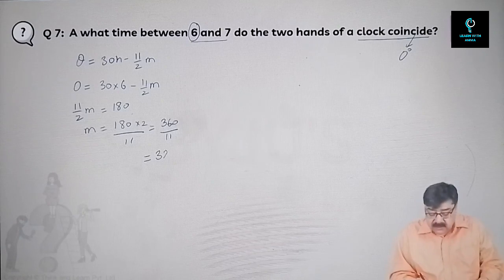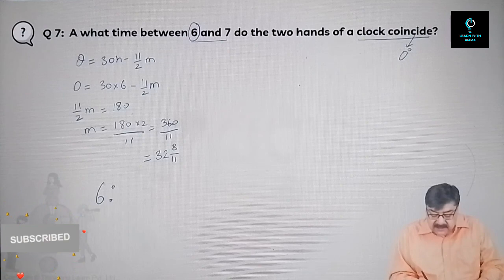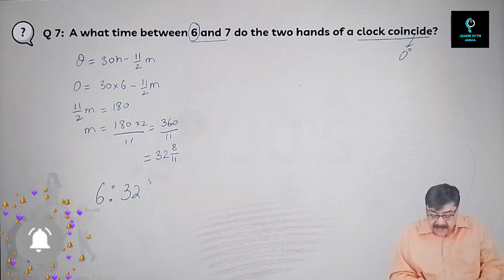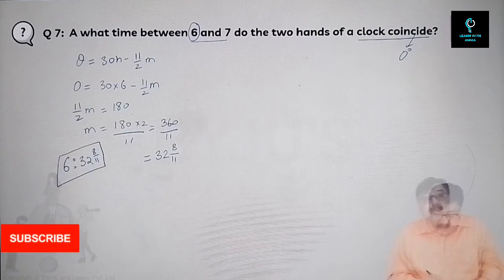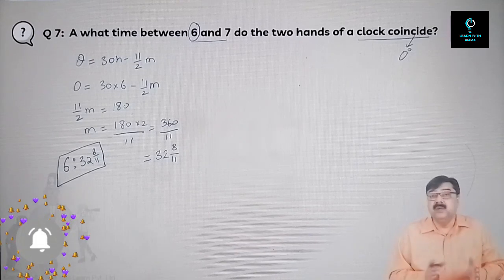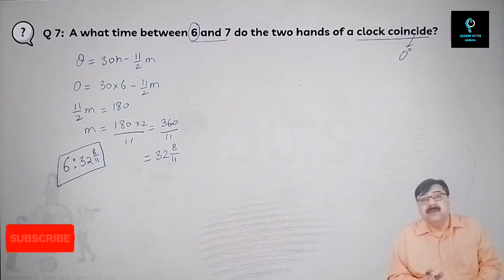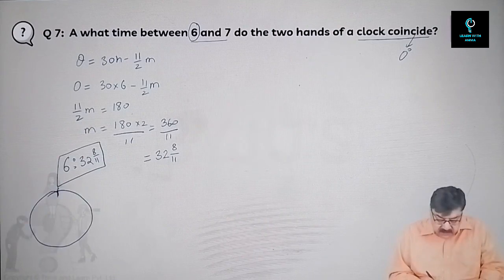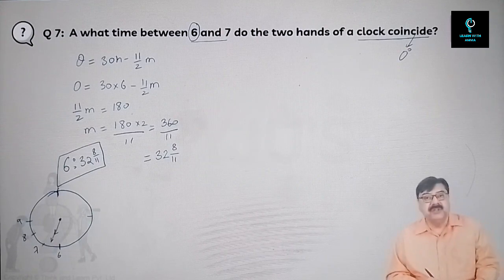So 11 2s are 22, so 8 remaining. So this timing has to be 6:32, 8 by 11. That is a timing between 6 and 7 o'clock when the two hands of a clock coincide, forming 0 degrees angle. Now this would look somewhat like this. This will be the position at 6:32, 8 by 11, roughly 6:33.